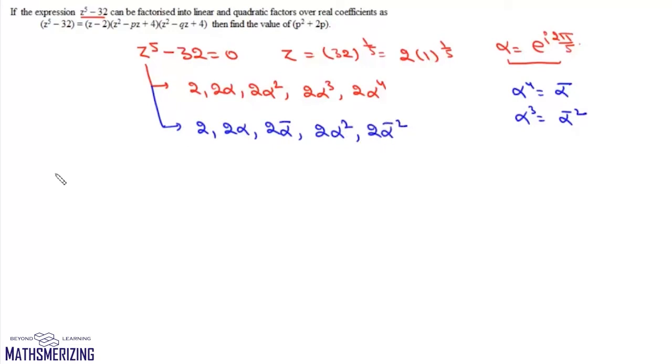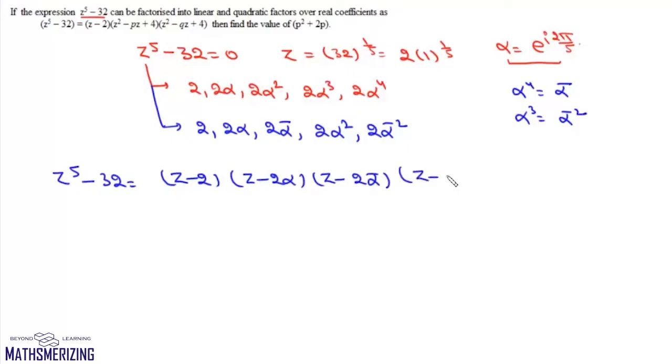Now we can write z to the power 5 minus 32 as z minus 2, z minus 2 alpha, z minus 2 alpha bar, z minus 2 alpha square, and then z minus 2 alpha bar square.